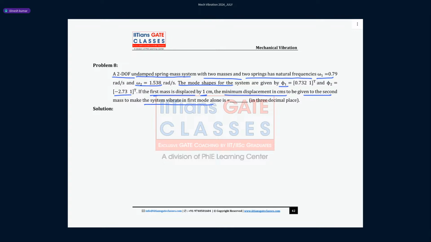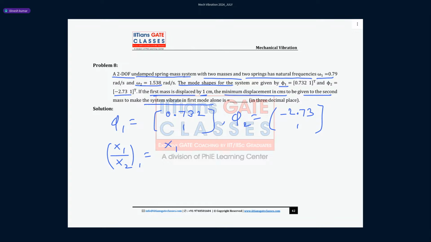Right? So what is given? Phi 1 is 0.7321, and phi 2 is minus 2.731. Now guys, we know phi 1 is x1 by x2 for first mode, which is nothing but x1 for first mode by x2 for first mode.